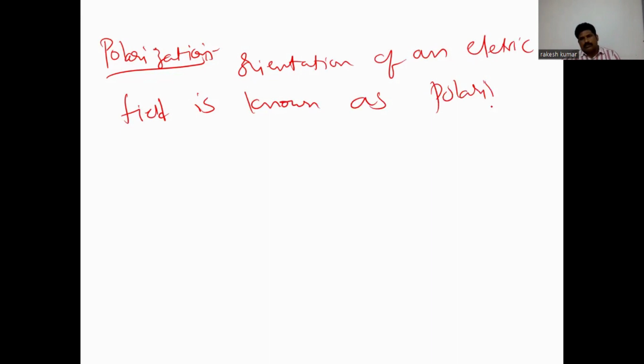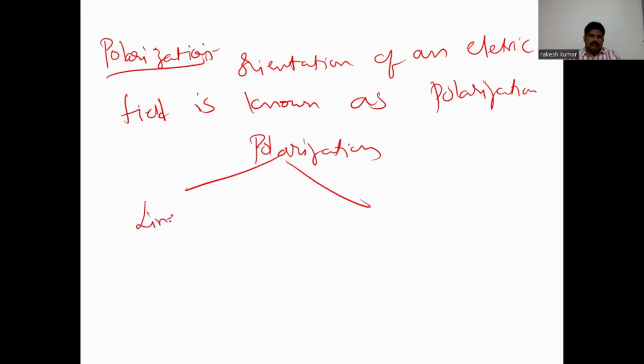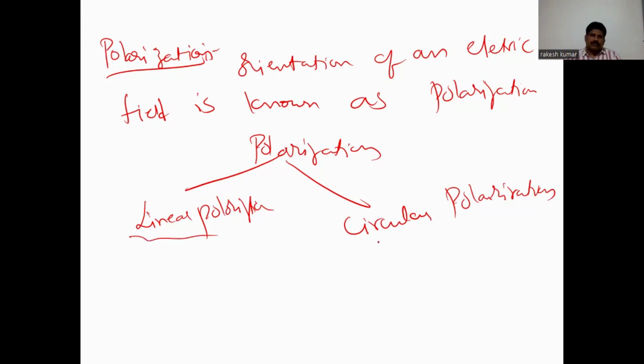Coming to polarization, there are different types: linear polarization and circular polarization. What is meant by linear polarization and what is the difference from circular polarization?